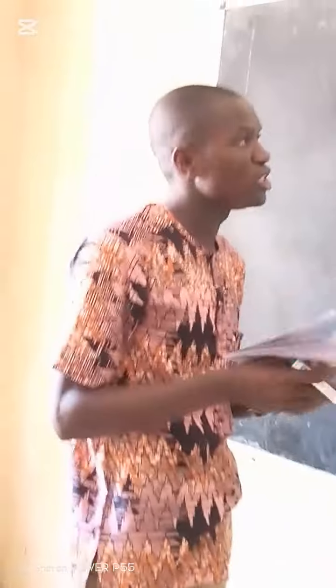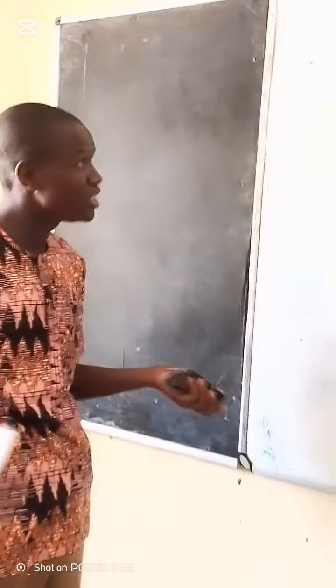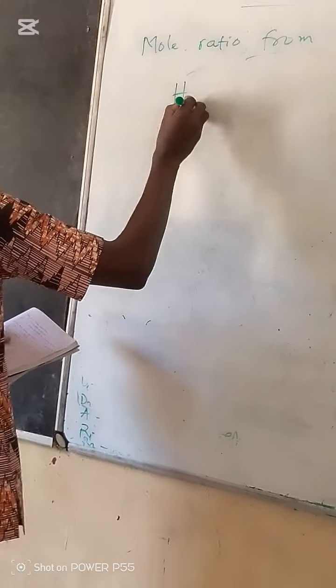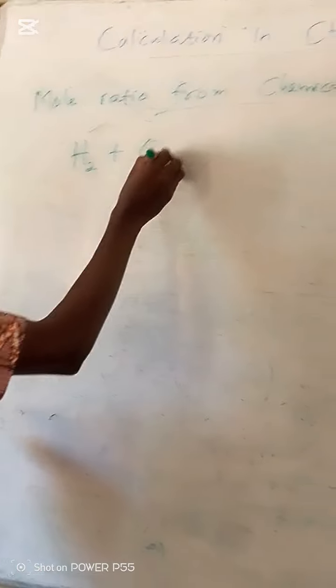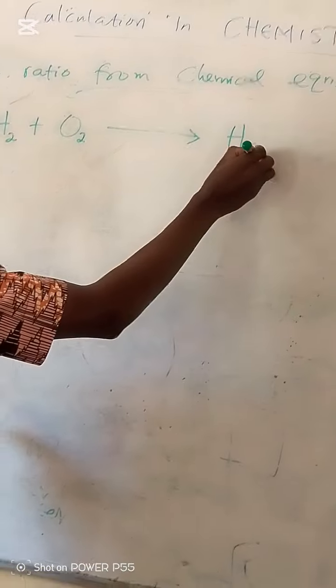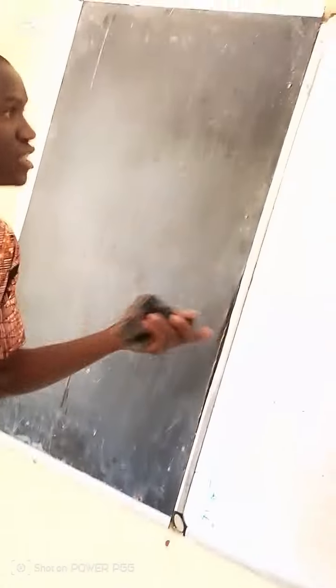Okay, yesterday I asked a question under this mole ratio. Surprisingly, some of you did not even get it. I said hydrogen reacts with oxygen to give water. I even balanced the chemical equation, but let's balance it now, because by that you will also learn how to balance chemical equations.